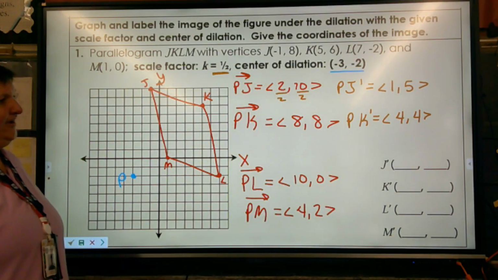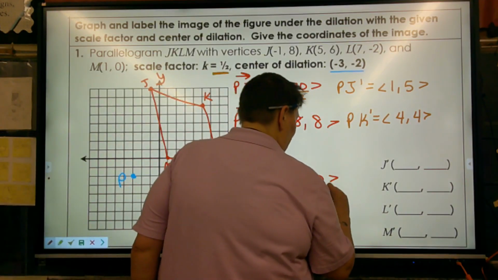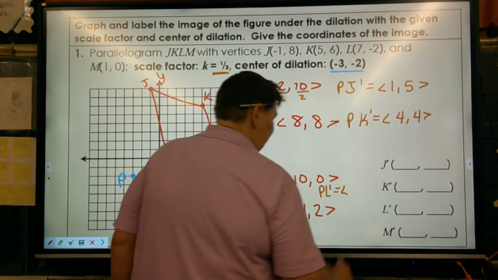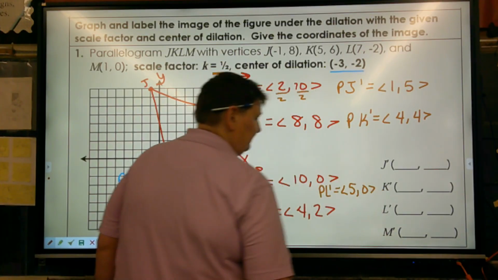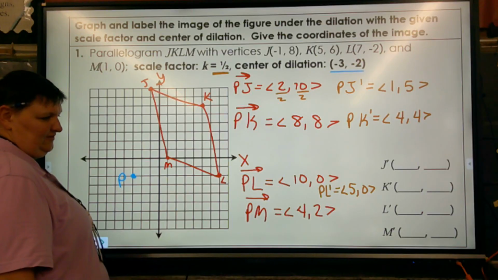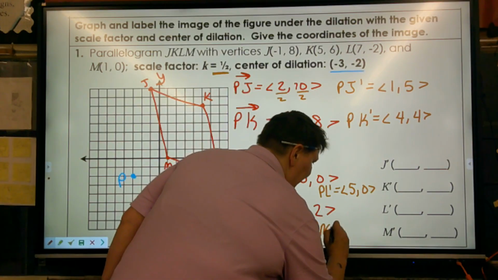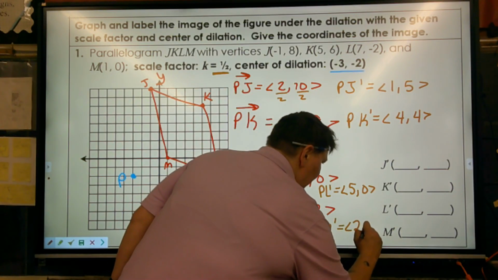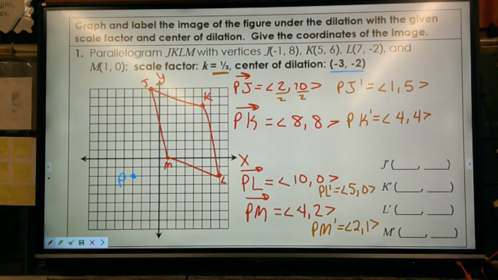We're just dividing everything by 2, which is the same as multiplying everything by 1/2. We're finding the half of everything. P to L prime, 5, 0. And P to M prime, 2, 1. Questions about applying our scale factor?